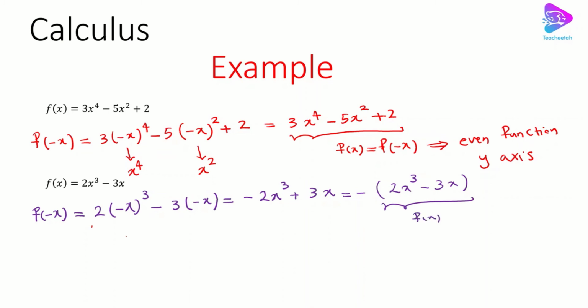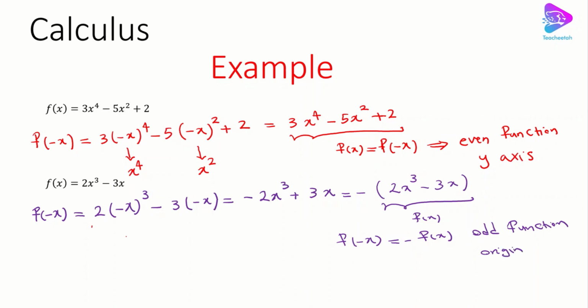Again, let's write it as its definition: f of minus x is basically minus f of x, and therefore it is an odd function, and the symmetry of this function is going to be about the origin. So this is an odd function and the symmetry is about the origin.